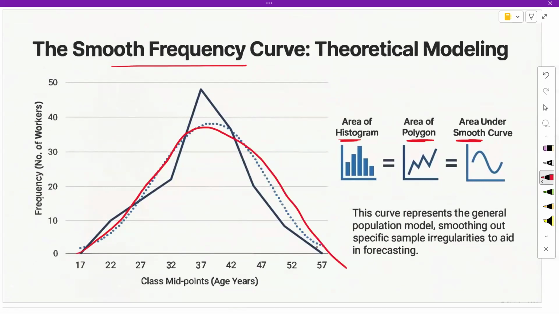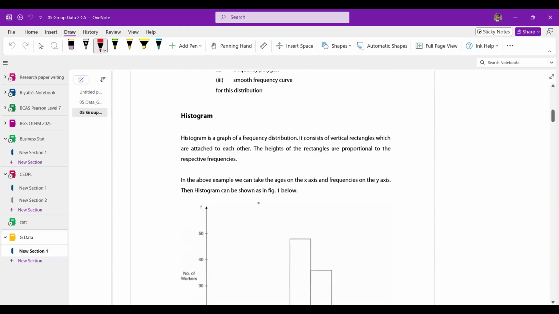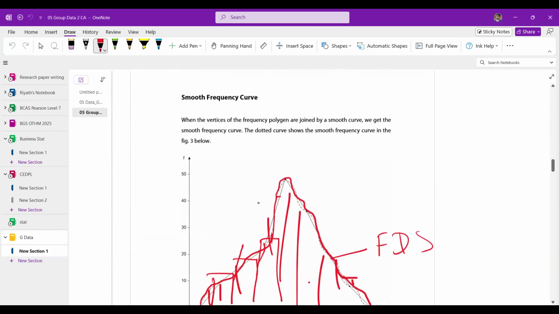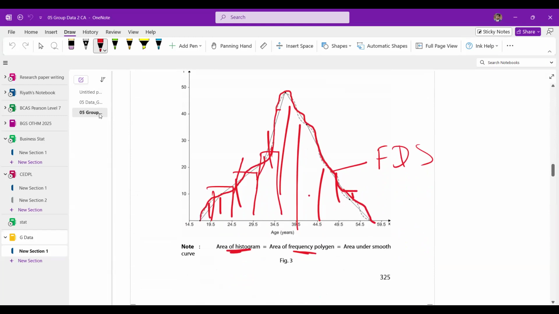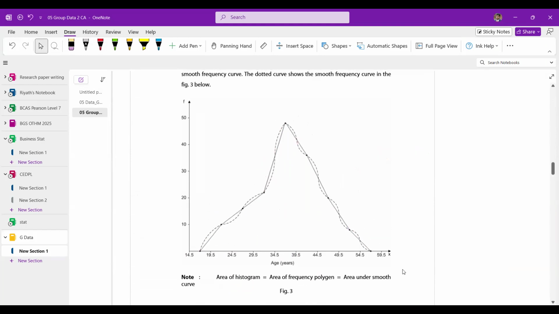I can show you in the PDF, right here. You can see this. The points are connected by frequency curves.